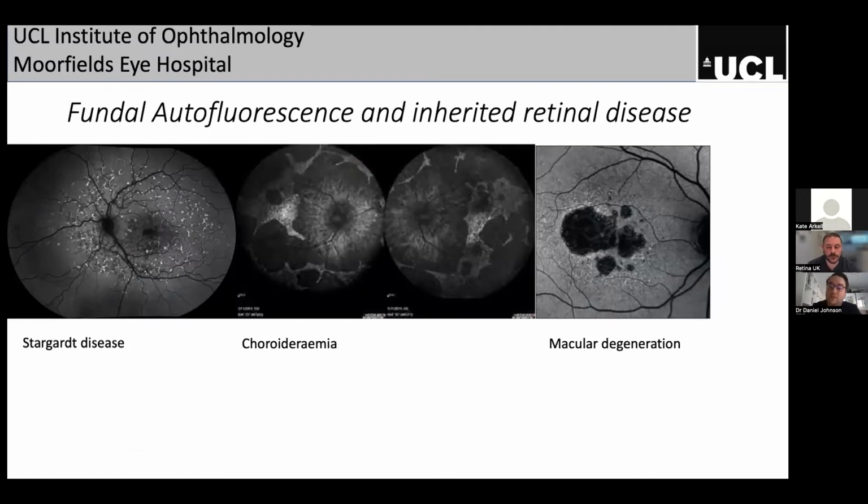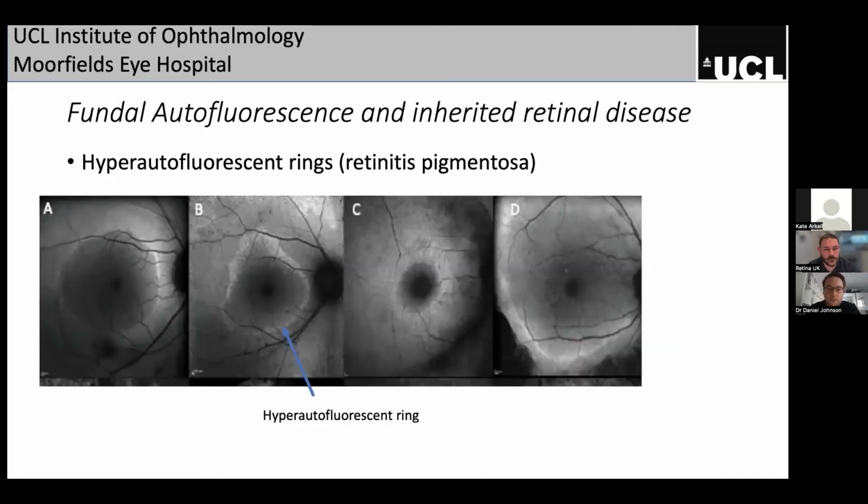And then also in macular degeneration it can be very useful, because if there's a lot of what we call central atrophy, so a central damage, even with the treatments we have at the moment, unfortunately we can't restore that. The other thing is that this can also be used to take measurements. So in certain types of retinitis pigmentosa, you can see these rings. And again, this is measuring lipofuscin in the retina.